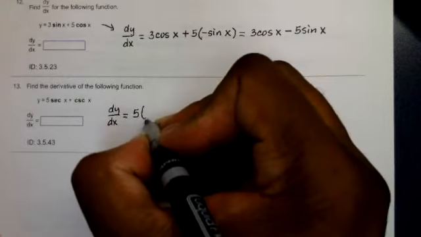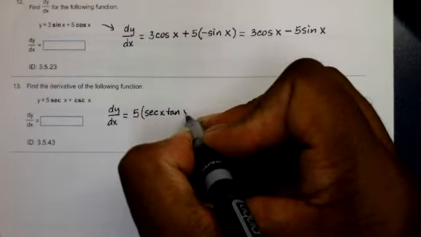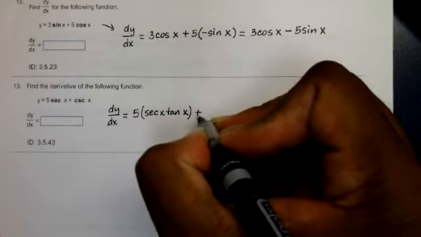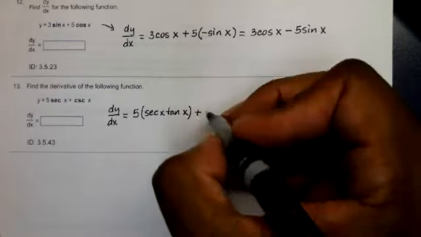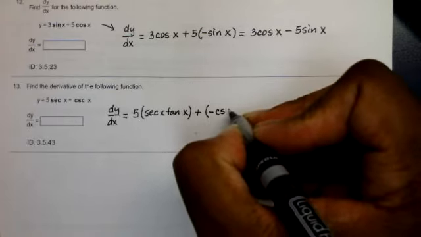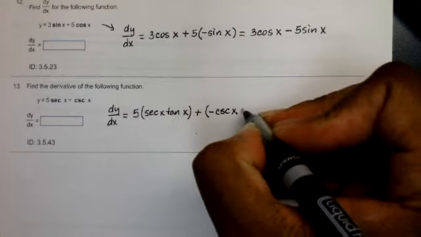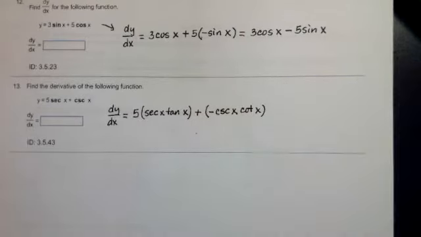That's going to be secant x tangent x plus the derivative of the cosecant of x. That's going to end up being negative cosecant of x times the cotangent of x. So you might need to look over your notes on those 6 trigonometric functions and their derivatives here.